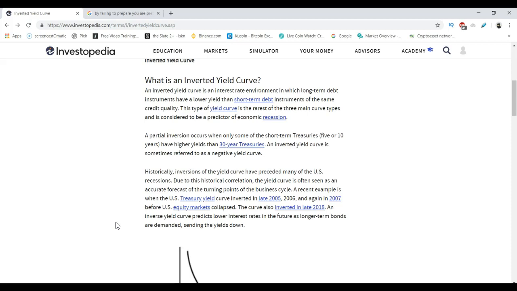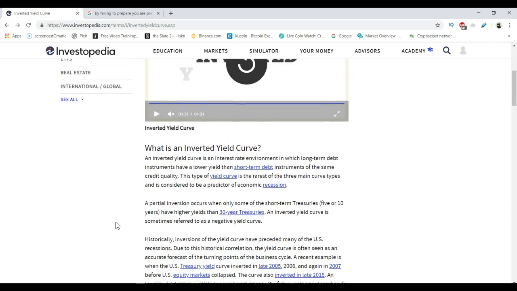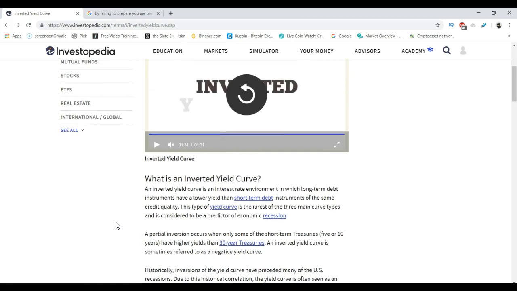That's what's coming next. So we already hit an inverted yield curve. And what does that mean? That means typically a recession follows that yield curve, typically within 12 to 18 months.